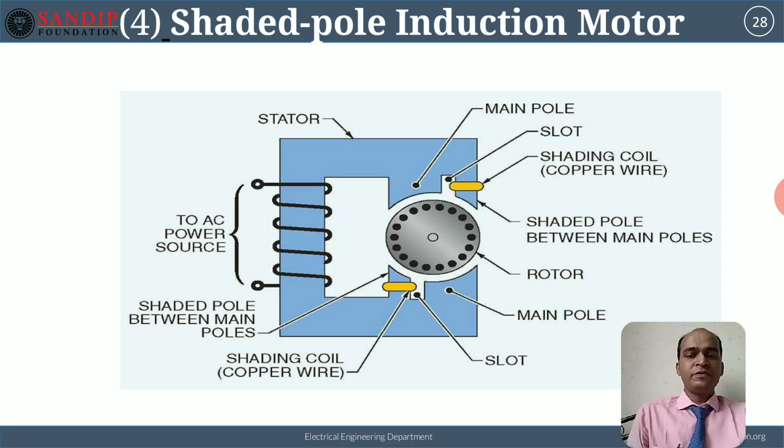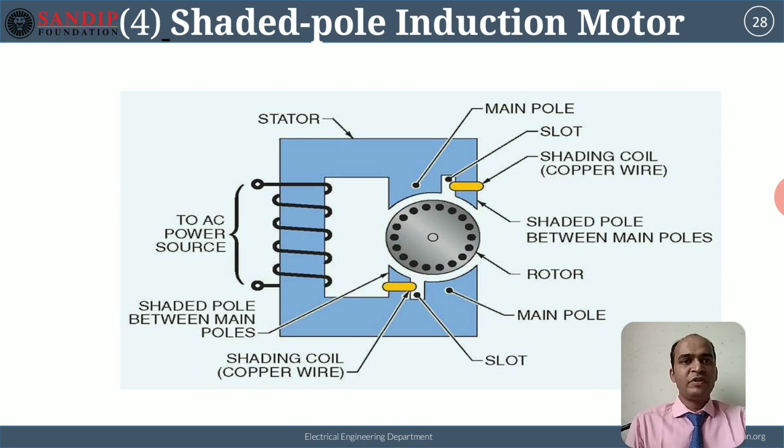The construction of the shaded pole induction motor. Usually squirrel cage rotors are used. Every stator pole is divided into two parts by keeping a small notch in the pole face, and the smaller portion is covered with a thick short copper wire called the shading band.